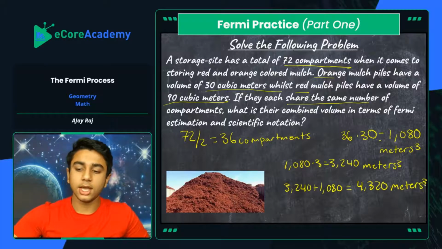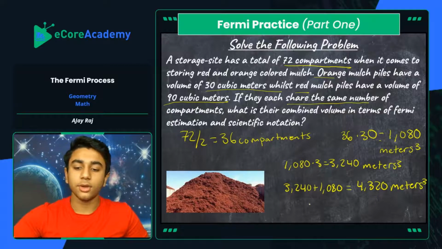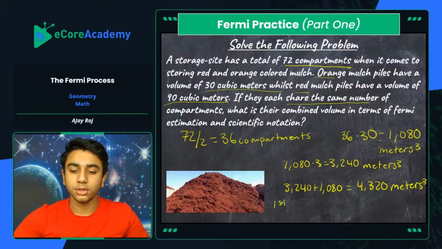Now we're just going to estimate this in terms of our Fermi values. If we're going first level, then it's going to be closest to 1,000 rather than 10,000. So in first level terms, this can be estimated to 10 cubed.